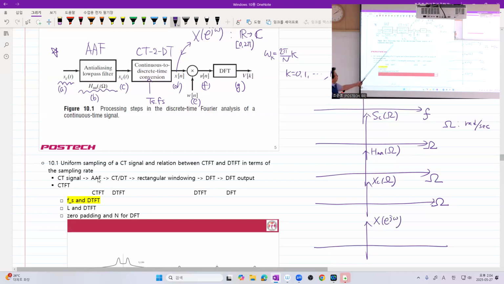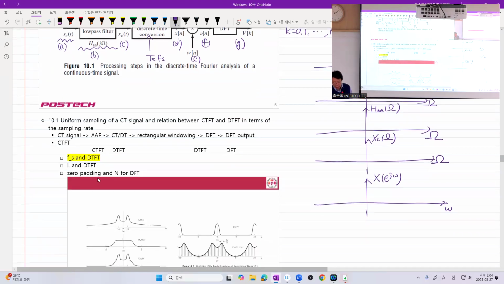And then we have here X of lowercase omega. Let me use X of e to the j omega. So lowercase omega means it is the radian frequency for a discrete time signal. And then we have W of e to the j omega, again with lowercase omega.